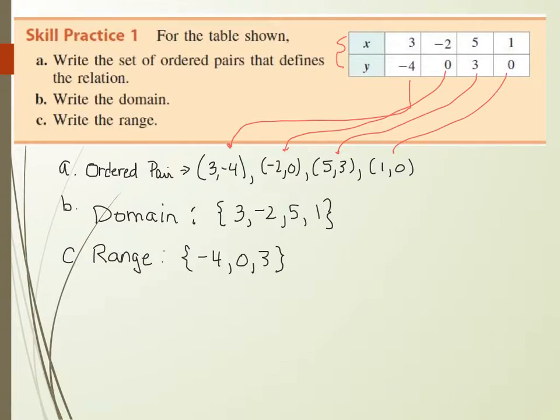And so now you can see that for the domain of these ordered pairs, we have 3, -2, 5, and 1. For the range set, we have -4, 0, 3, and of course the last 0 is already included.